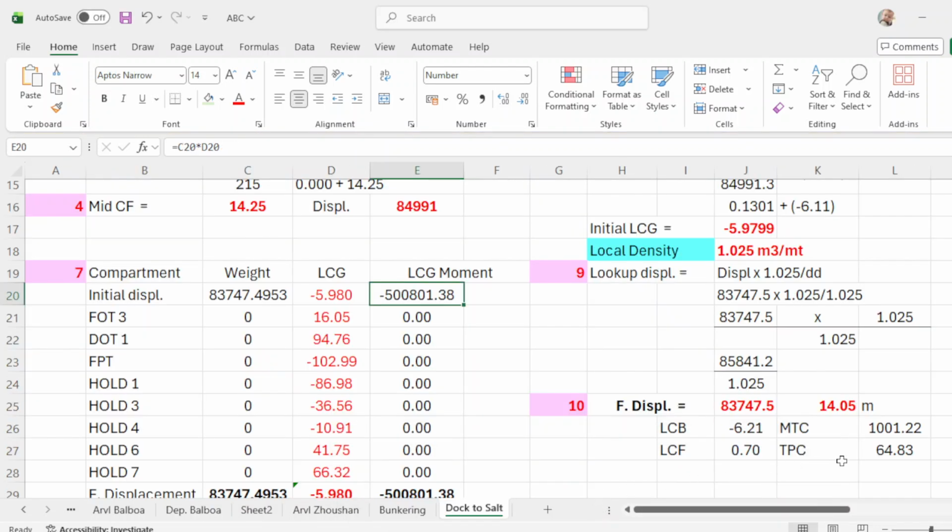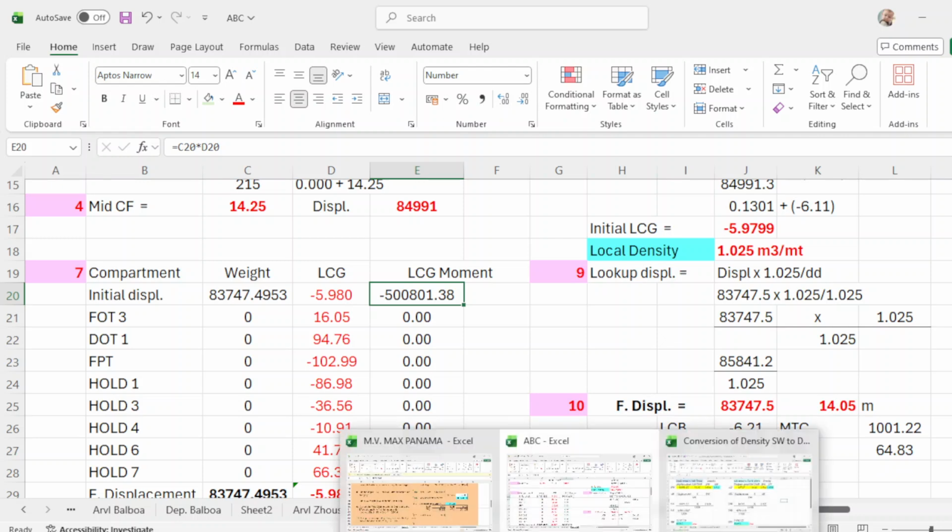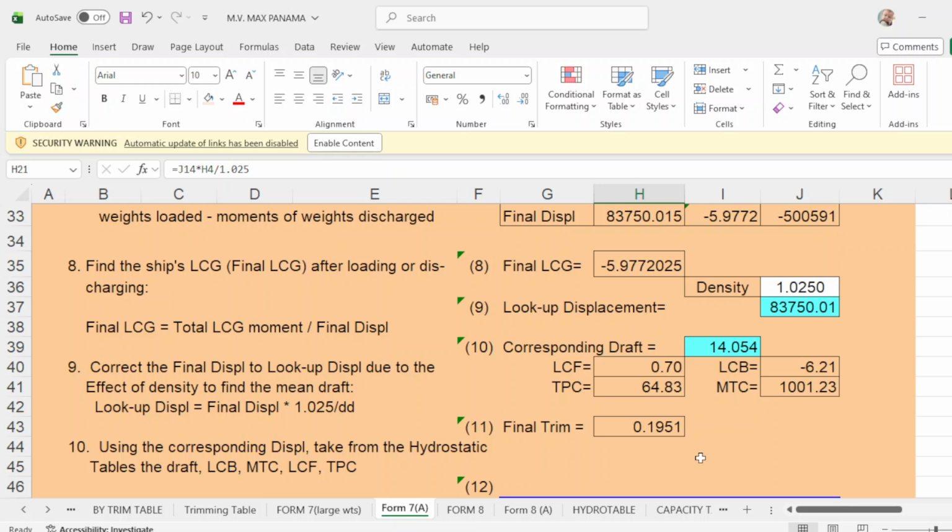MTC is 1001.22. Okay, almost the same. And your TPC is 6483. TPC is 6483. Okay, almost the same. Then number 11.